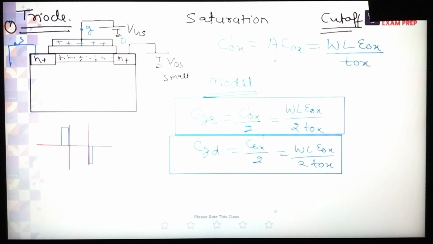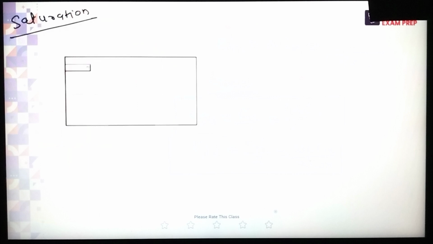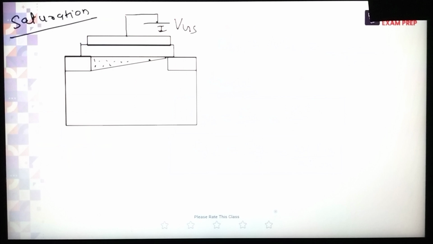Now when we calculate the capacitance, it is given by 2 by 3 WL Cox, where Cox is nothing but epsilon naught epsilon r by tox, which is 3.9 epsilon naught by tox. The capacitance would normally be WL into Cox, but it becomes 2 by 3 WL Cox. No need to derive the formula, just remember it: 2 by 3 WL Cox. That is the actual capacitance.